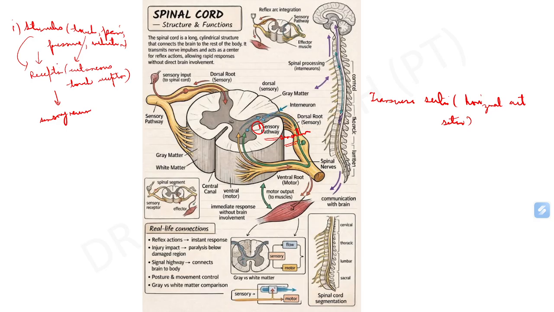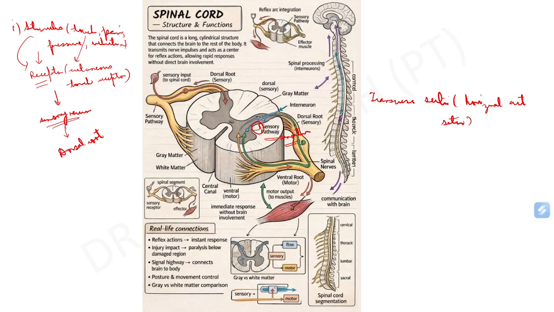What is a sensory neuron? It is a neuron that will receive the sensation from the receptor and transmit it further. So, your sensory pathway gets a sensory neuron through the receptor, and then it goes to the dorsal root. What is a dorsal root?